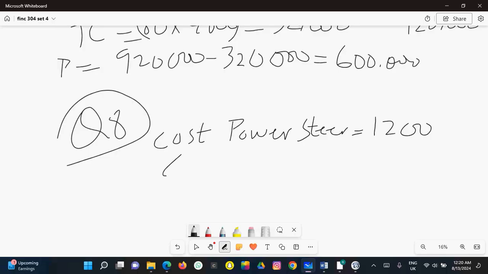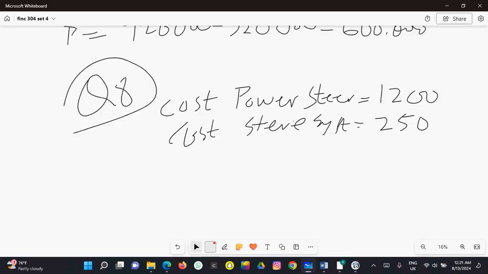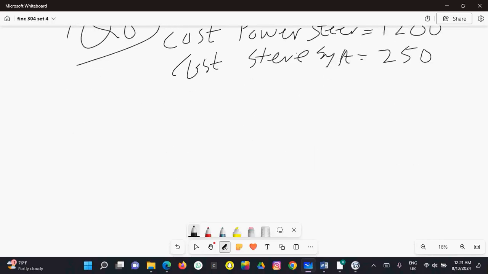And the cost of the stereo system is 250, right? And each group has 5 individuals. All right. So they're asking us the profit from each group, right?